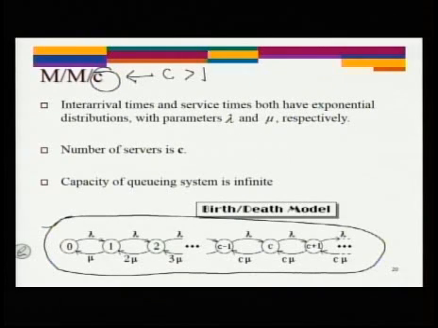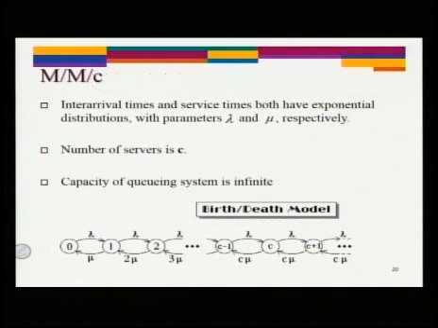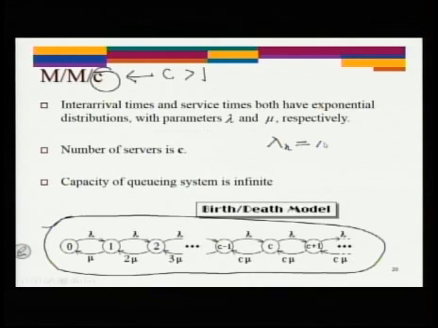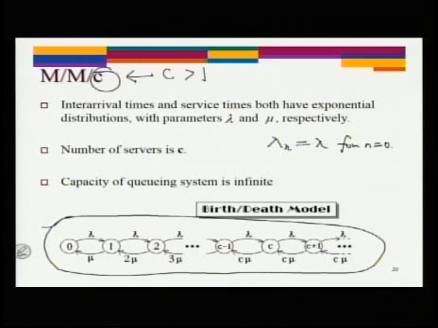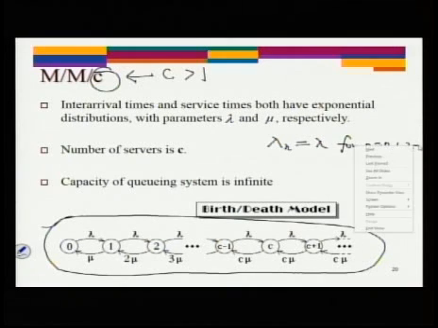All right? So from here, lambda n is equal to lambda, always, for n equals 0, 1, 2, 3, and so on. I don't know why it happened today. Okay.